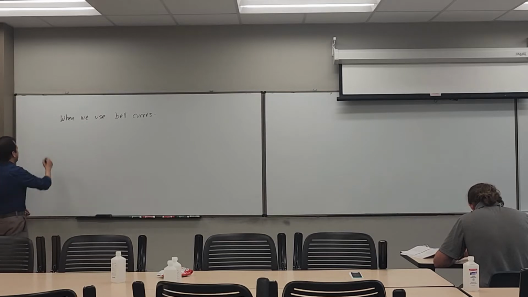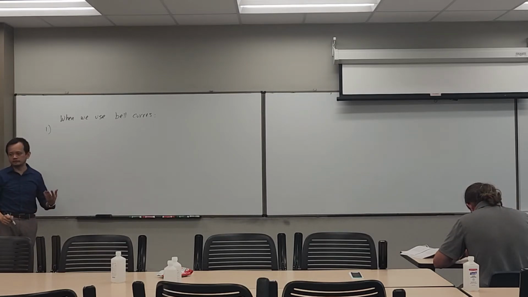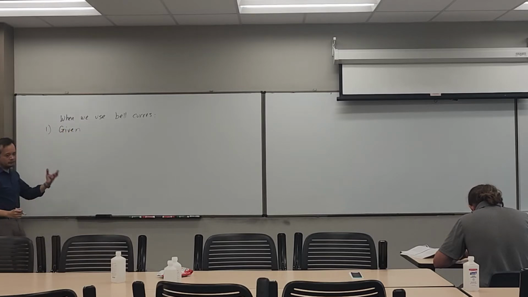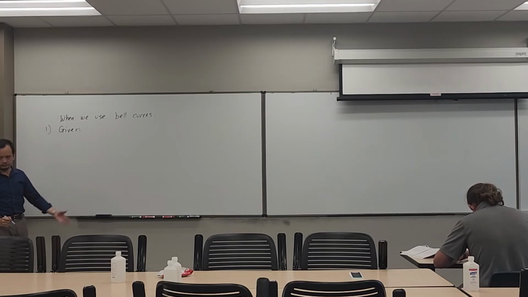The first one is the most straightforward and the easiest, and we've already talked about it: it's given to you that a certain variable is distributed as a bell curve, or normally distributed. Oftentimes you're just flat out told this variable is normally distributed, like the weight variable or the IQ score variable.